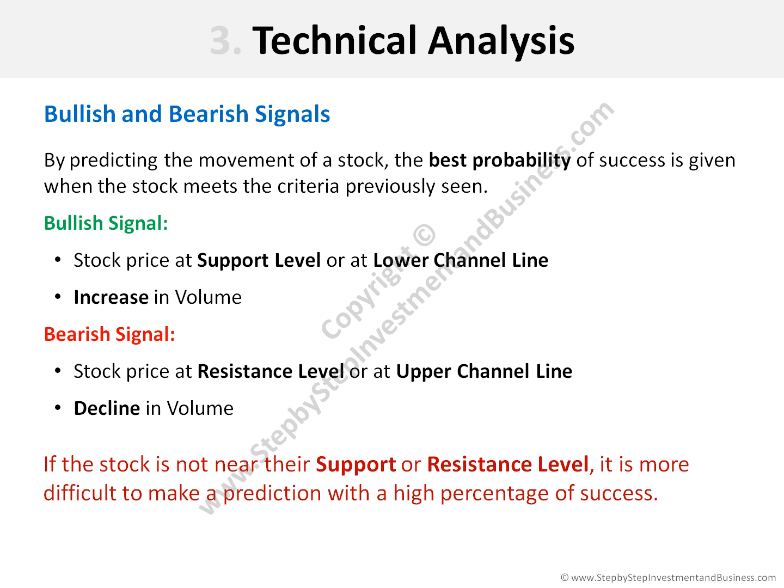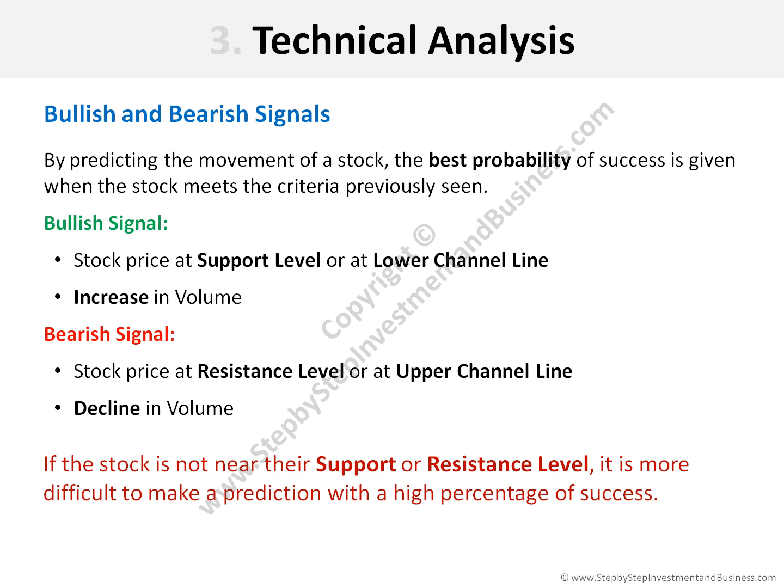We get a bullish signal when the stock price is at its support level or at a lower channel line, and this is accompanied by an increase in volume. And we get a bearish signal when the stock price is at its resistance level or at an upper channel line, and this is accompanied by a decline in volume.